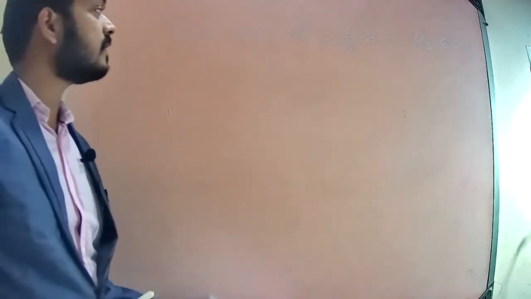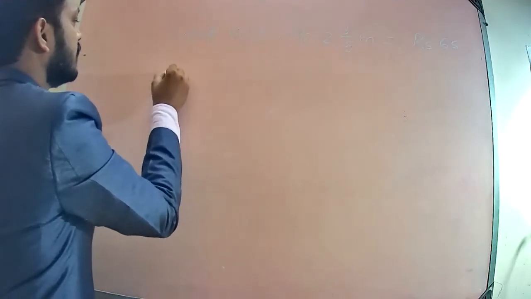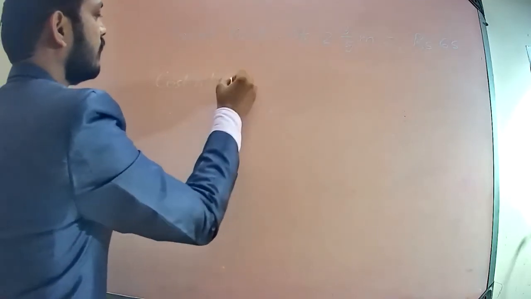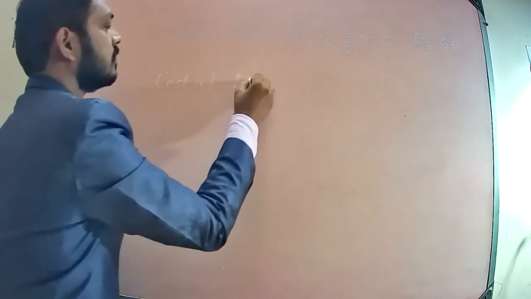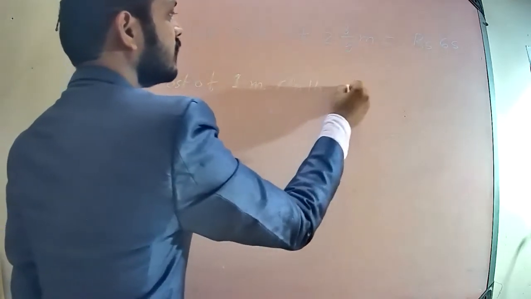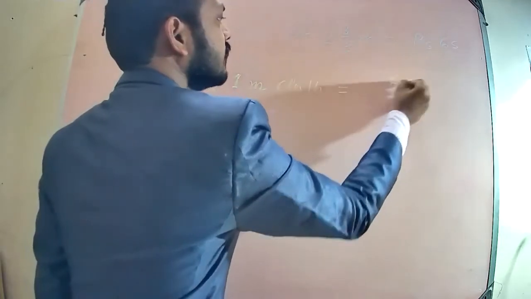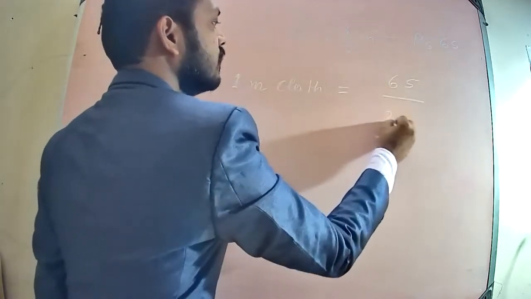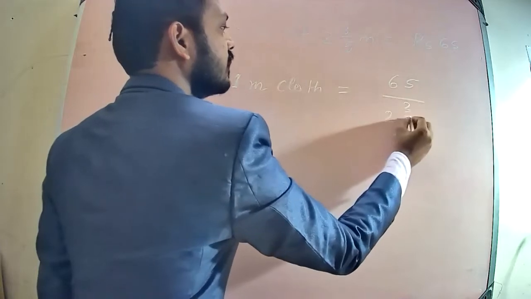So we can observe that the cost of 1 meter of cloth is equal to 65 divided by 2 and 3 by 5.